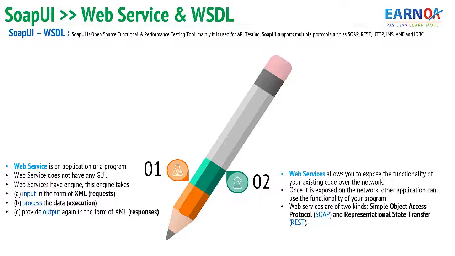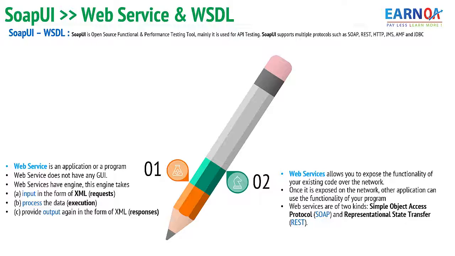Basically, web services are of two kinds: the SOAP protocol based services and the REST protocol based services. We would understand in detail what SOAP and REST are in later sessions.